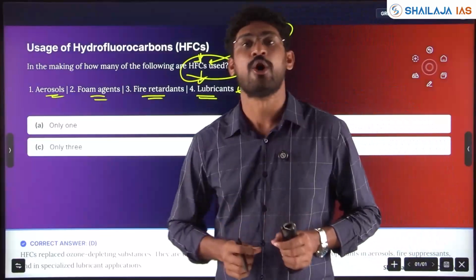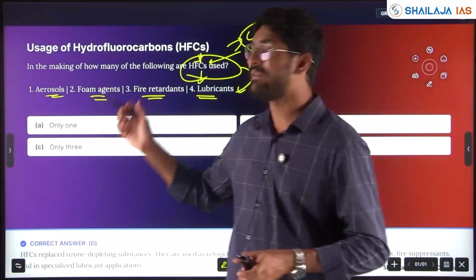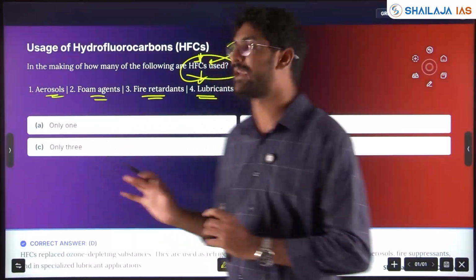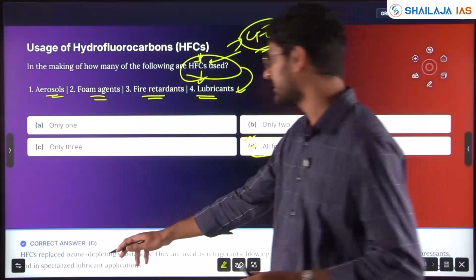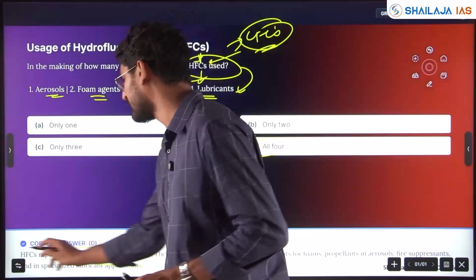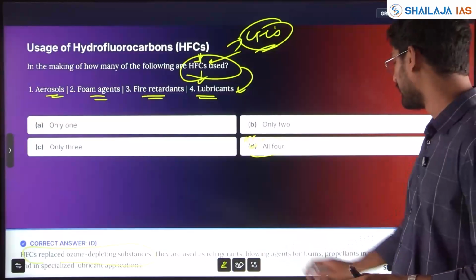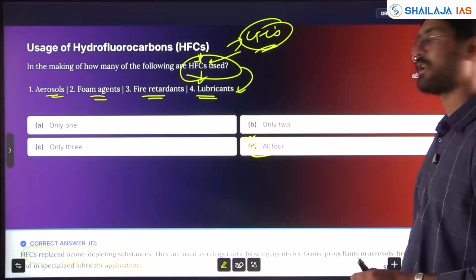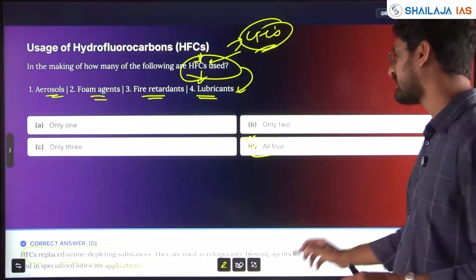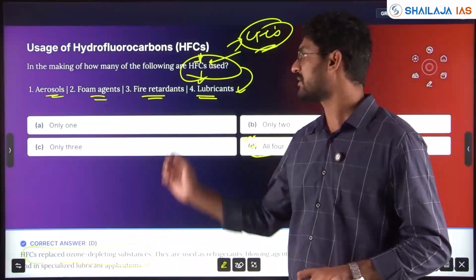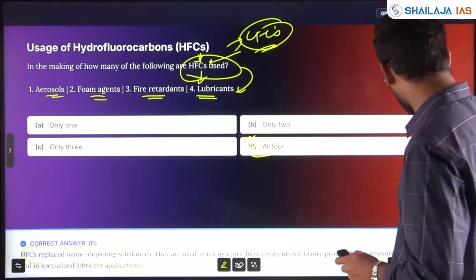Unless your knowledge says otherwise, go with all the statements when this kind of question comes. HFCs replaced ozone depleting substances like chlorofluorocarbons, and they are used in refrigerants, blowing agents for foams, propellants in aerosols, fire suppressants. All these applications, HFCs have replaced the CFCs.